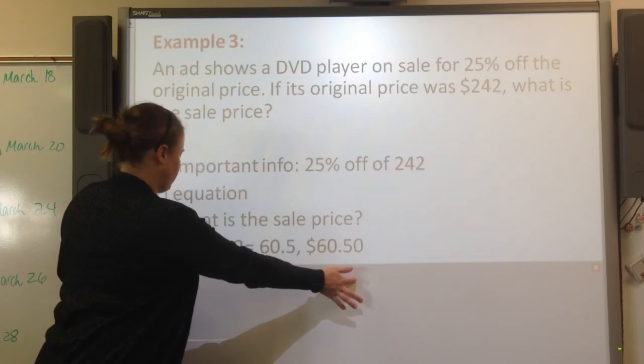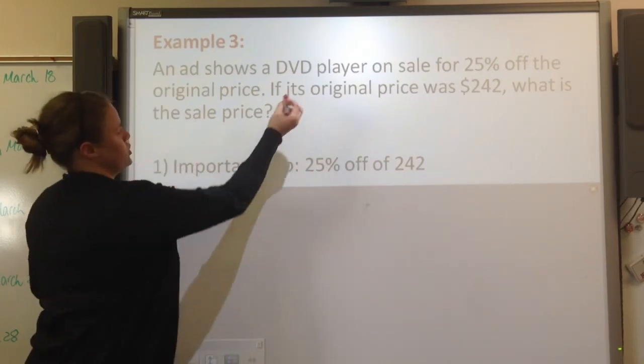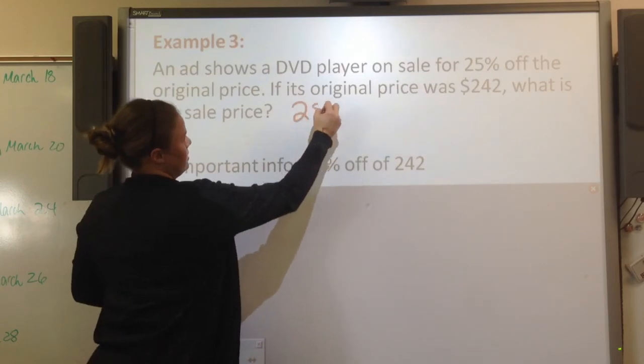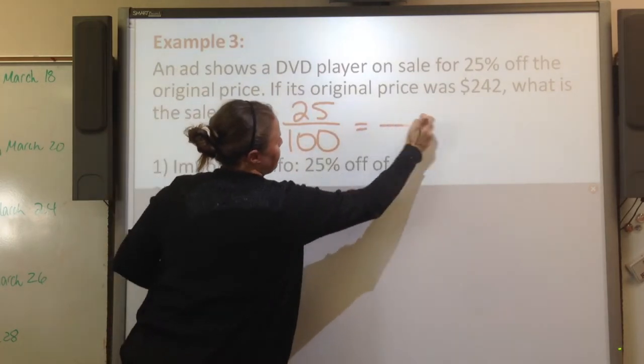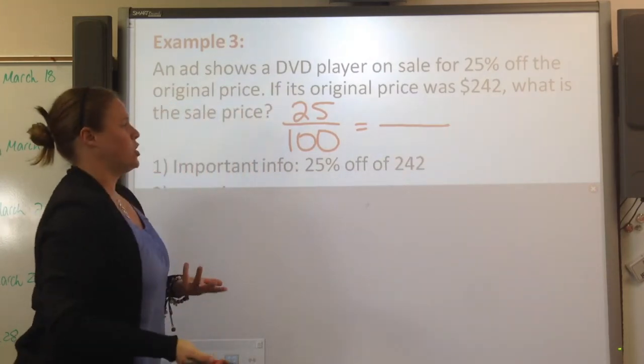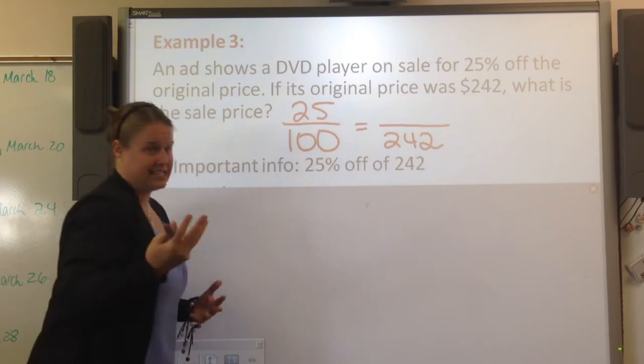Okay? So, sorry, too far. So then I'm going to set it up as a proportion. So 25% over 100. And again, 242 is our total, and I want to figure out what the sales is. The sales, the discount.